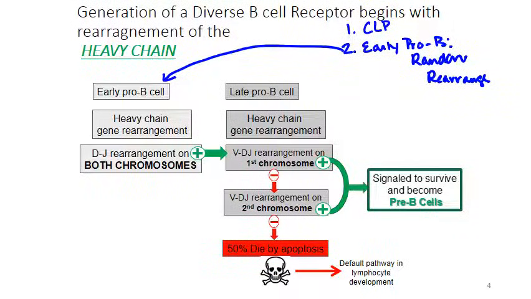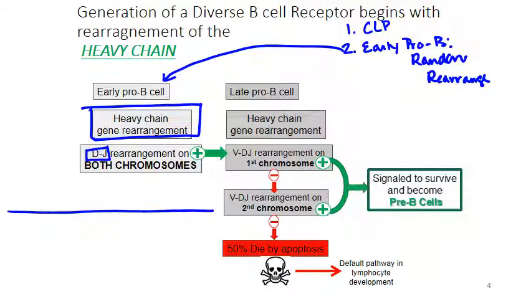This is only happening on the heavy chain, which rearranges first. So you're going to get random rearrangements trying to get one of the D exons to rearrange with one of the J exons.